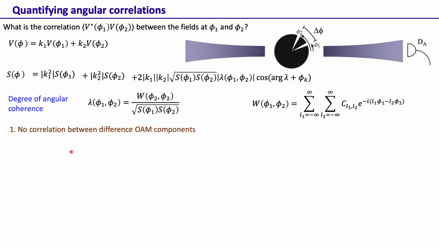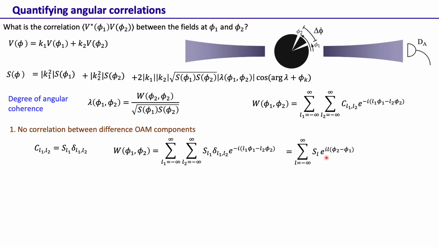Okay, so here, just like in time and space, we can have two separate cases. First is when there is no correlation between different OAM components, and that means C L1 L2 has to have this form. If C L1 L2 has this form as a Kronecker delta function, and you put it in here, then this is essentially S L e to the i L (phi 2 minus phi 1). So this is the same Wiener-Khinchin theorem that we retrieved.